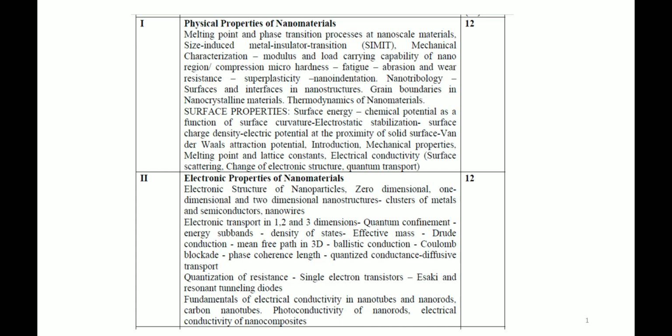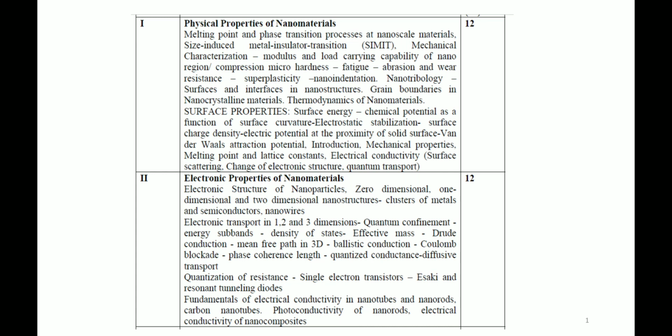Then tribology is again a very common technique where rubbing surfaces produces some effects. But if the surface has a nanostructure, then we have to understand it at the nanoscale, and this tribology gets converted into nanotribology.